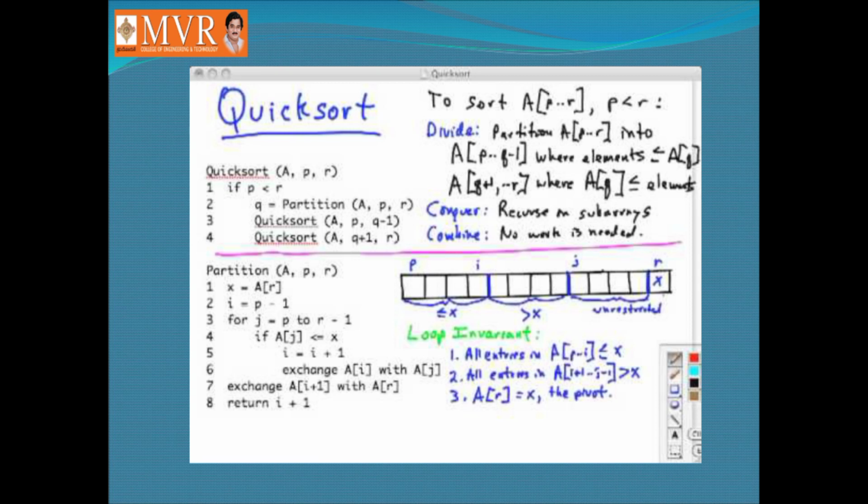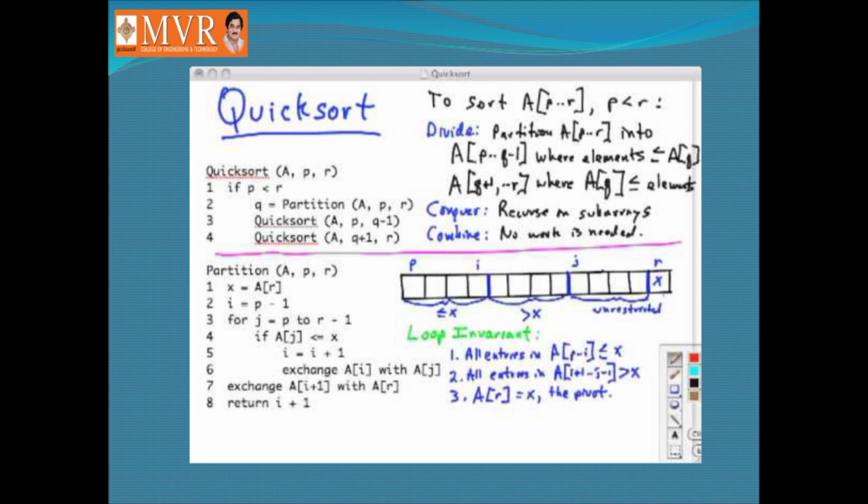See, this is an algorithm for quicksort. As I have mentioned earlier, quicksort is based on the divide and conquer technique. That is, divide, conquer and combine. Dividing means partitioning the list of unsorted elements into smaller sub problems or sub partitions.